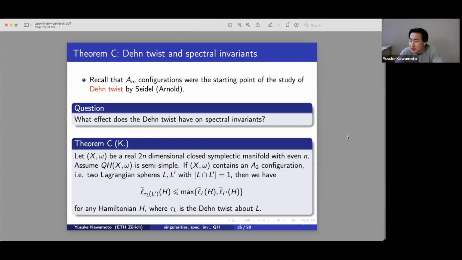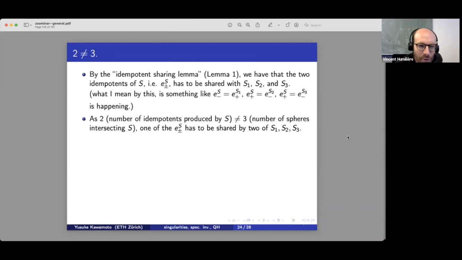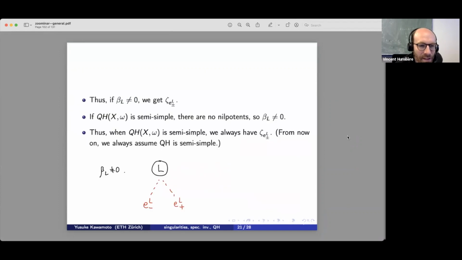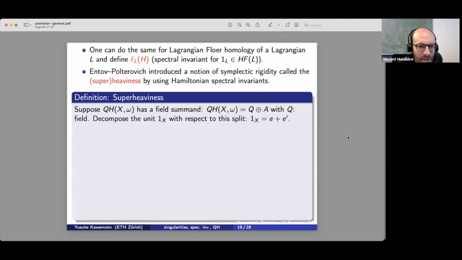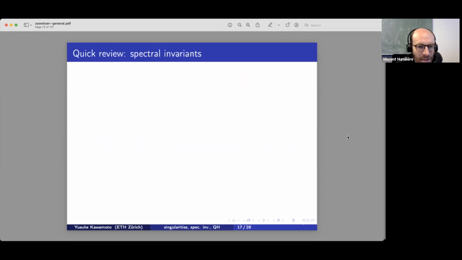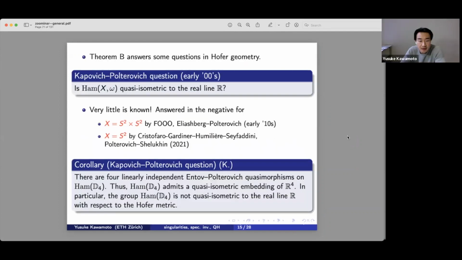I didn't understand your question. You have a result on D4, but then you're using Lagrangian spheres, so I'm a bit confused how. There's a step I'm missing, I think. Oh, this is the corollary that you were talking about. Yes.